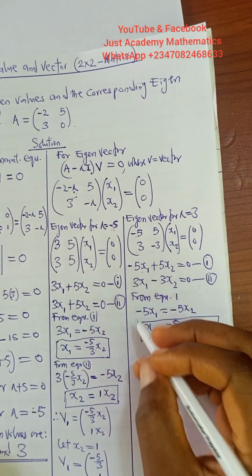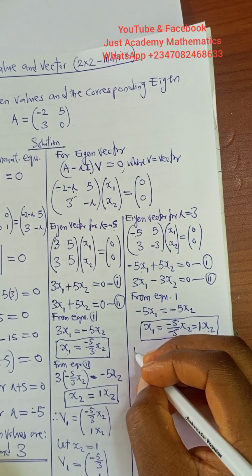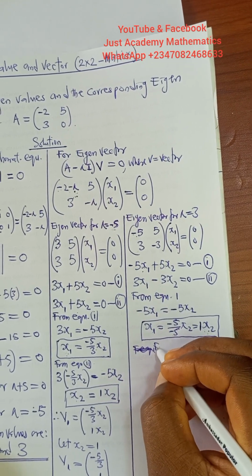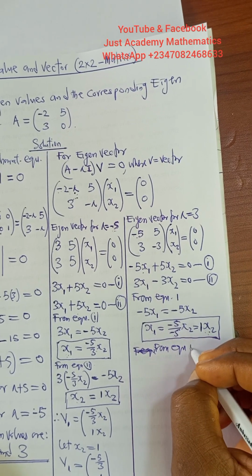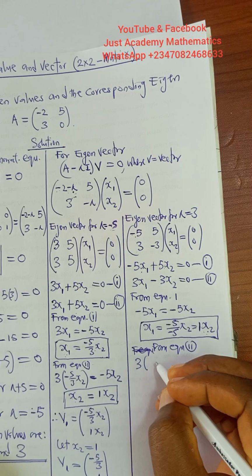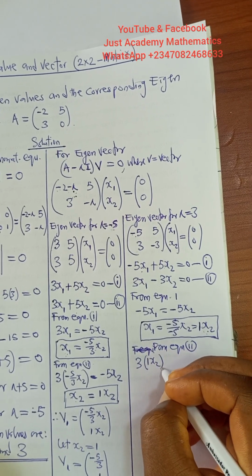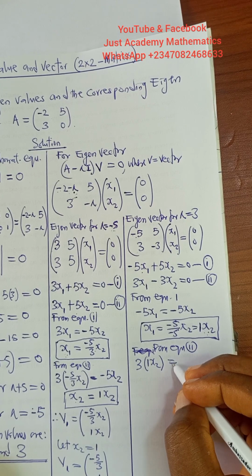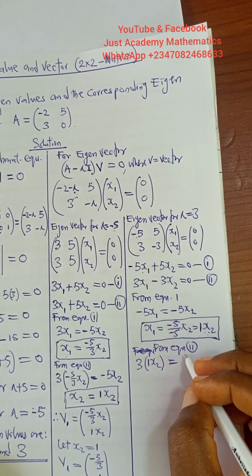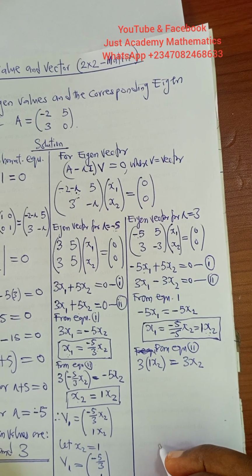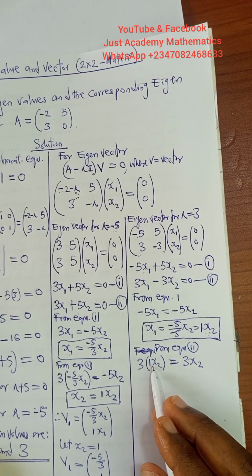From equation 2, we have 3x1. What is x1? You replace it with 1x2. When you bring this minus 3x2 here, it becomes plus 3x2. Can you see that now? This time this will give you 3x2.